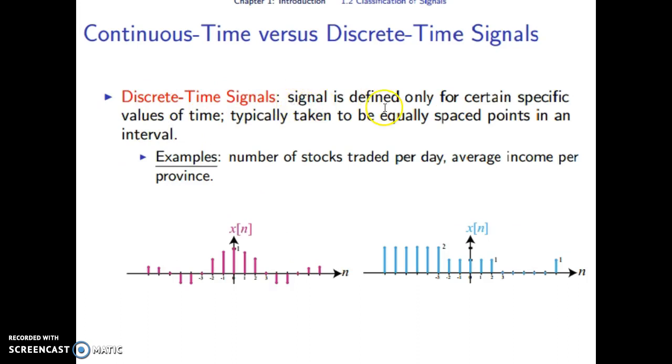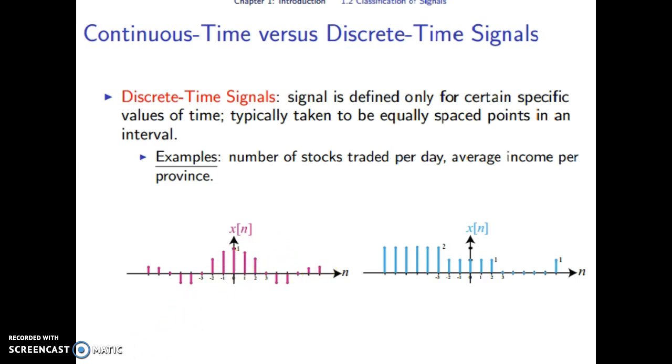Here the signal is defined only for certain specific values of time, typically taken to be equally spaced points in an interval. For example, number of stocks traded per day and average income per province.